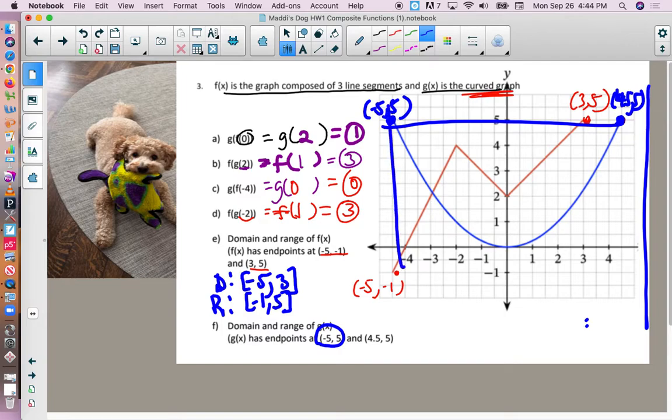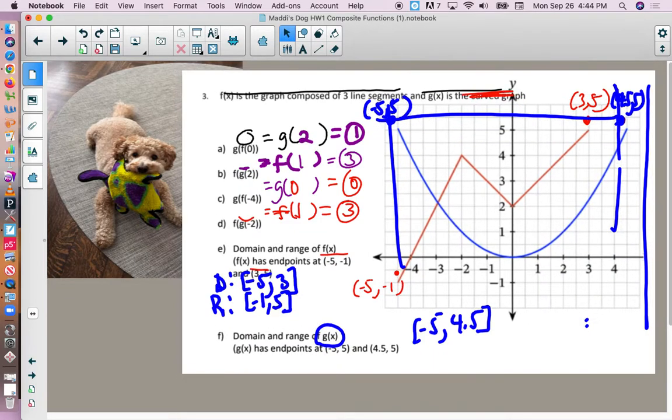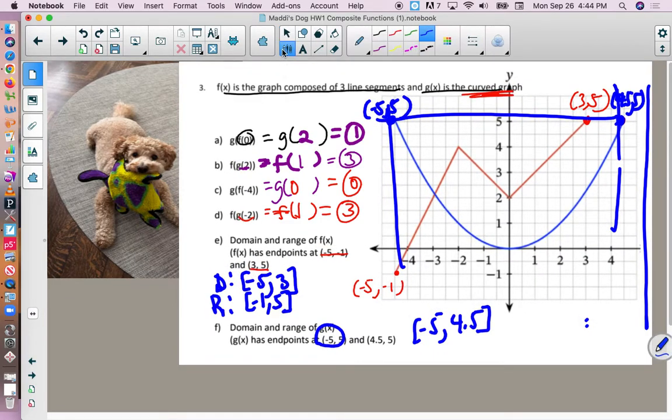So I know that it lasts from -5 to 4.5, and the range goes from 0 until the highest point that we get to. It doesn't have arrows, so it goes from 0 to 5. This one's the domain, this one's the range.